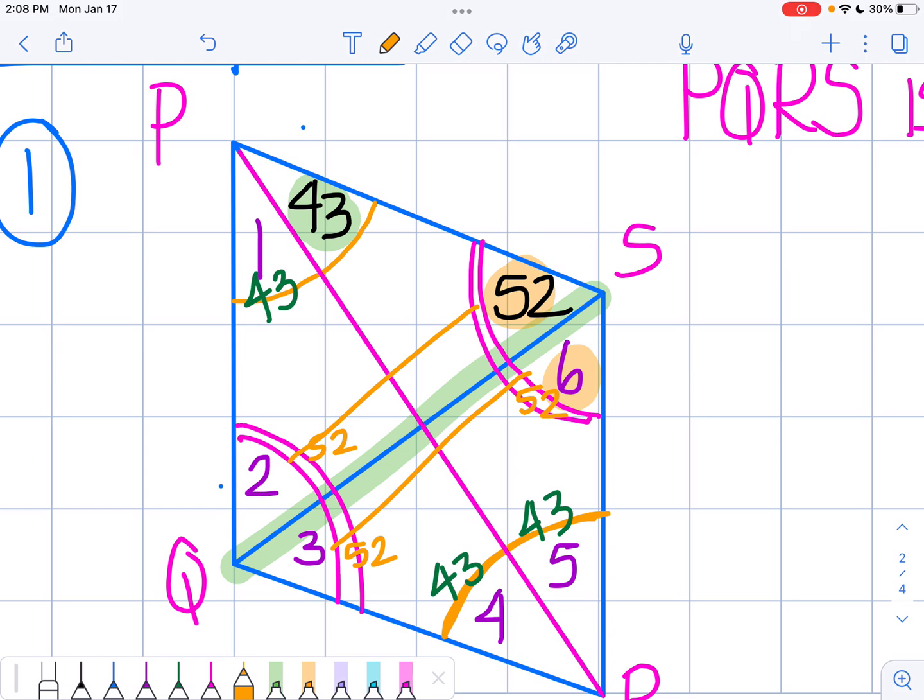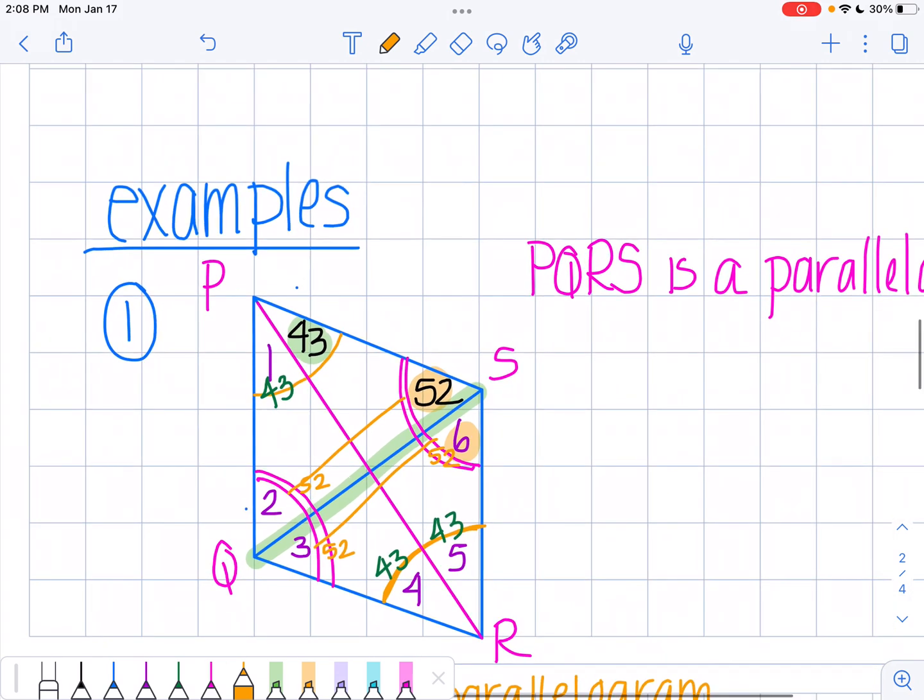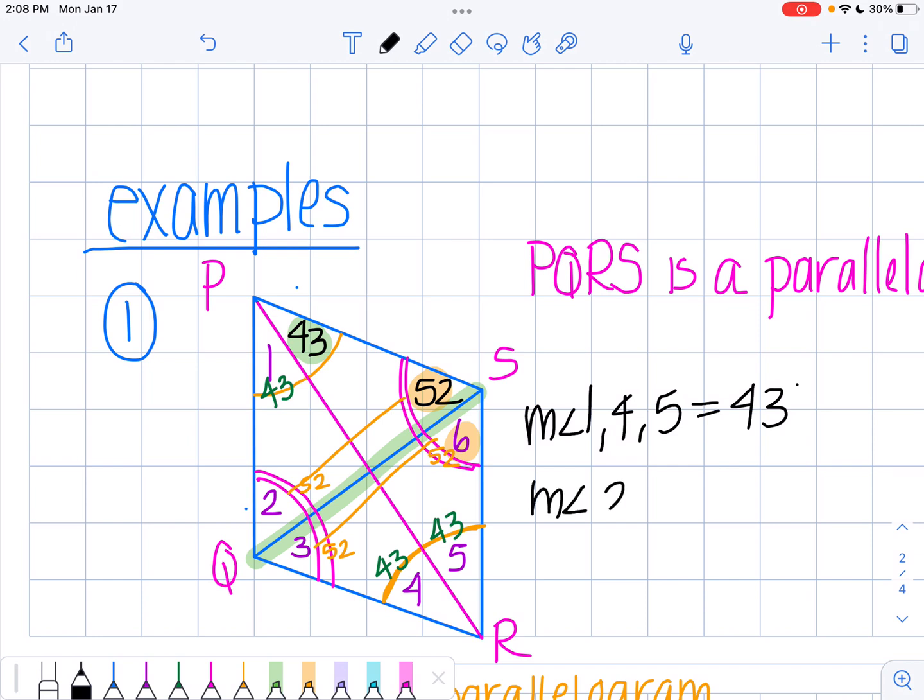So when I go ahead and figure this out, I can say that the measures of angles 1, 4, and 5 are all 43 degrees, and the measures of angles 2, 3, and 6 are all 52 degrees. All right, next.